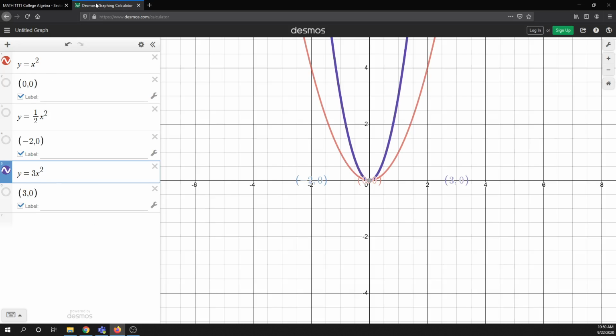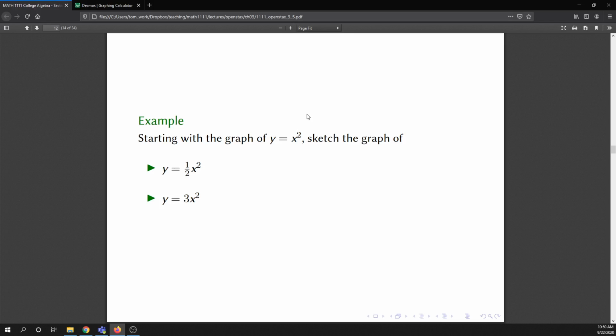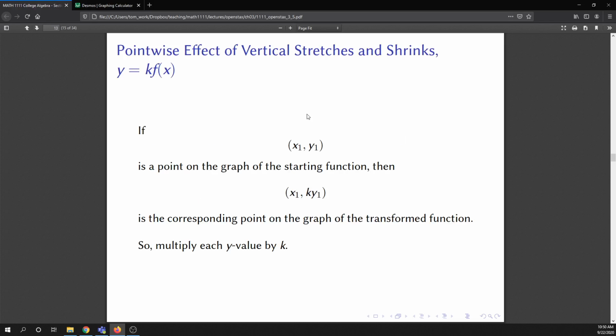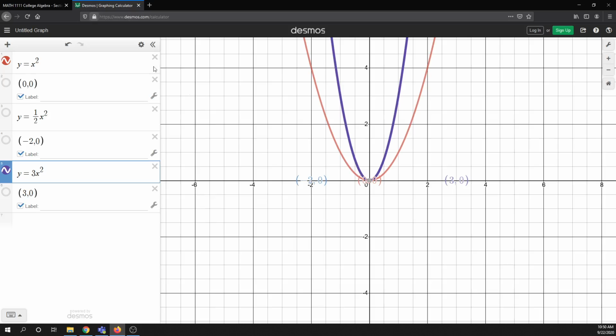So the pointwise effect on this one is that once you figure out what your k is, which is pretty easy with these, you multiply the y value by k to figure out where the point went. Okay. All right, so let's take a look at some examples of that.